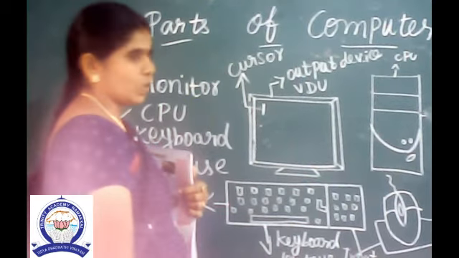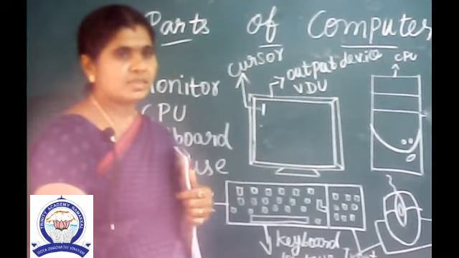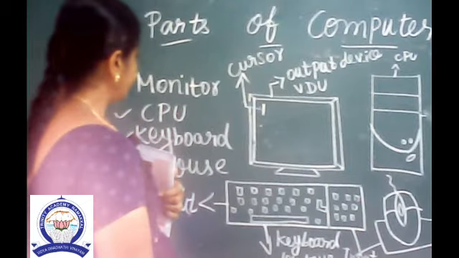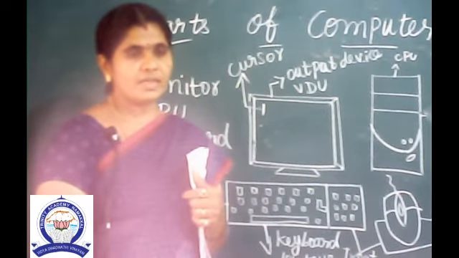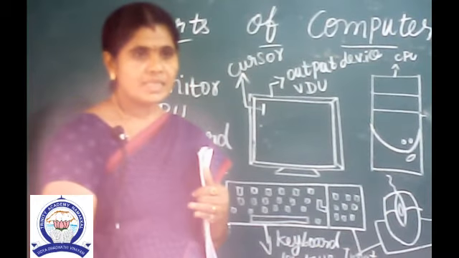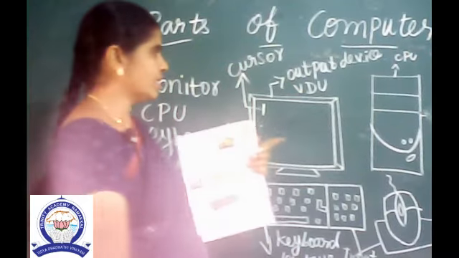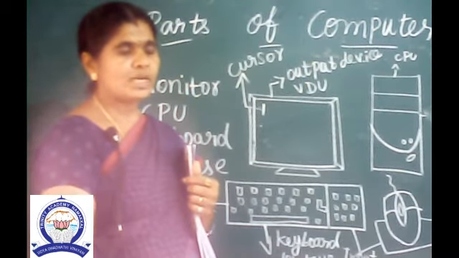CPU is the processing unit. Monitor is an output device. Okay, children? List the essential parts of a computer. Monitor, CPU, keyboard and mouse. Monitor is the visual display unit.